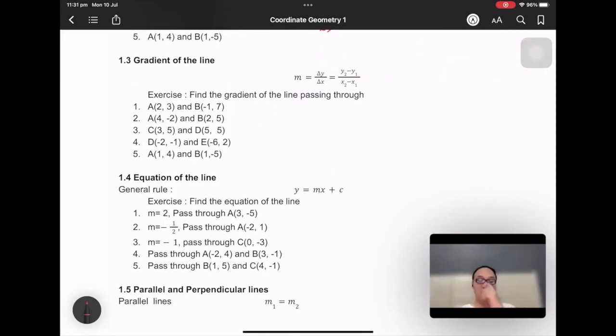Next, gradient of the line. Gradient, or sometimes we call it slope, is the ratio between delta y and delta x. So the gradient or the slope is rise over run. Delta y is the rise and delta x is the run. So gradient equals rise over run.